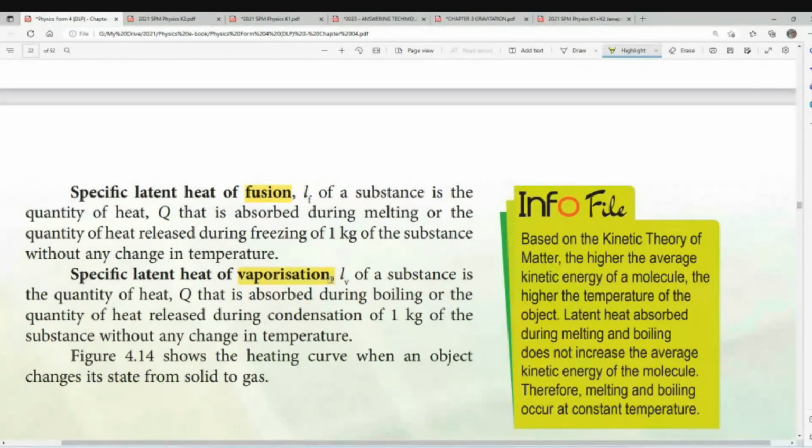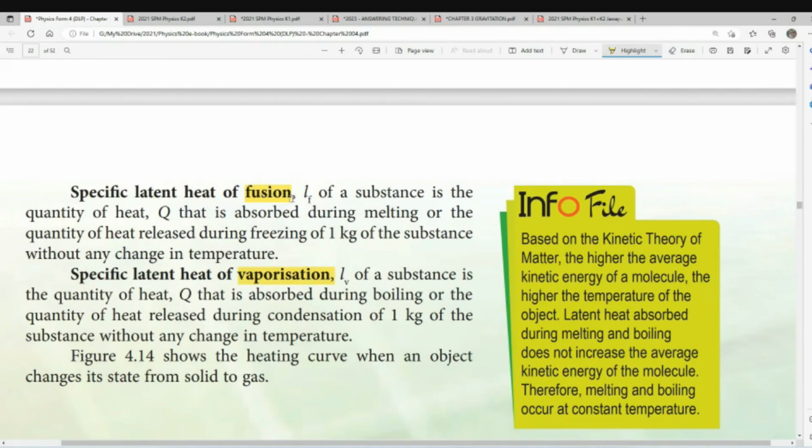Without specific, it means a particular substance, and how much energy it needs to change the state, either from liquid to solid, solid to liquid, liquid to gas, or gas to liquid. So when the question asks for the definition, make sure that you mention from what change to what.